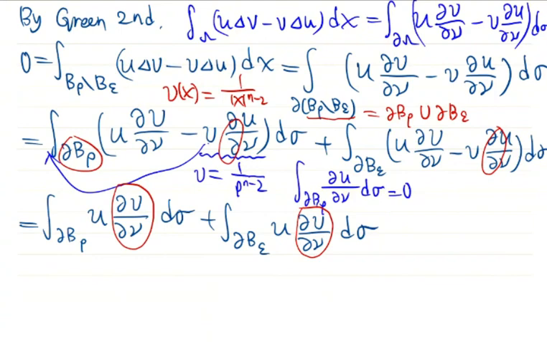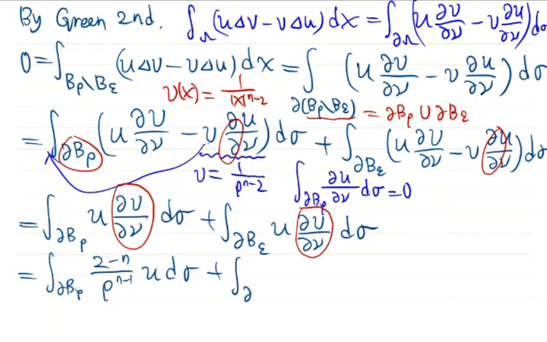Substituting that result into this will give us 2 minus n over rho^(n-1) plus n minus 2 over epsilon^(n-1) times u.